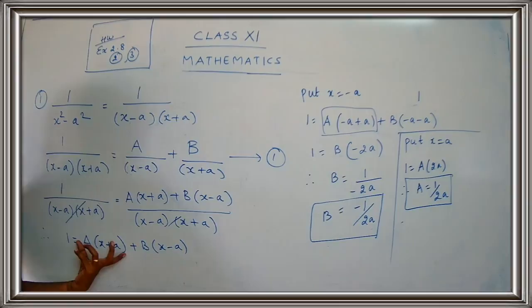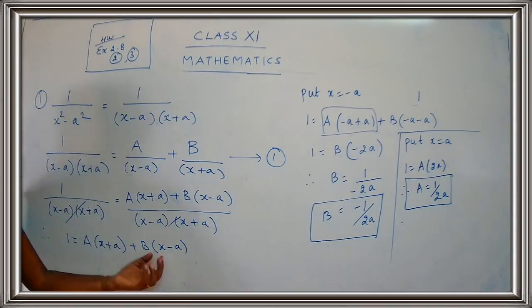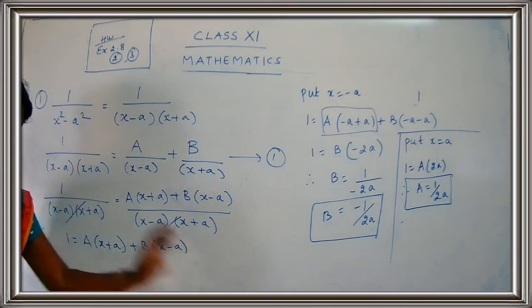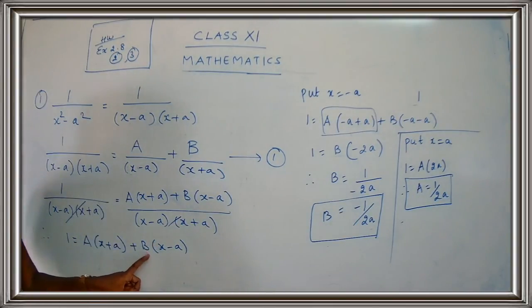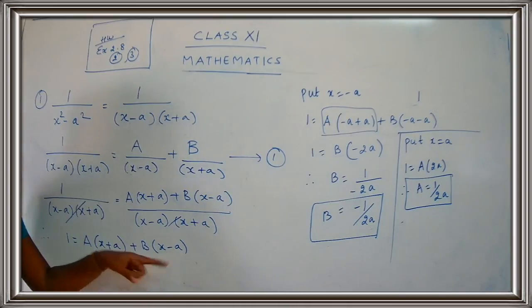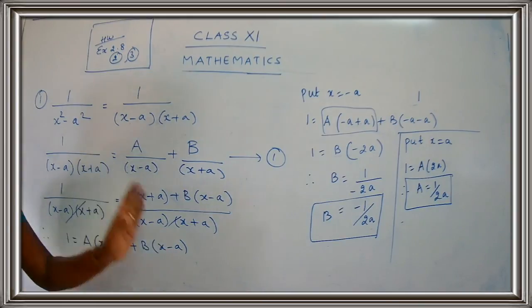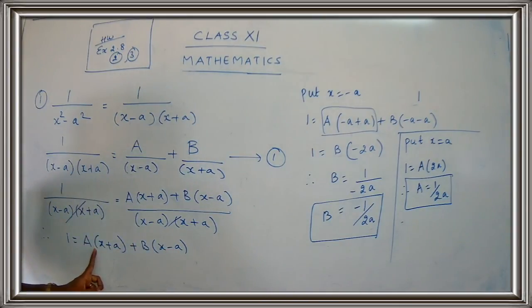You can remove the a term. So if you remove the a, you can get the value for b. And similarly, when you are finding for a, you have to remove b. So how to remove b? Here you have minus a. So you have to put here plus a. So a minus a will give you 0. So the b term will be removed. So you will get the value for a. Are you getting my point, children? So be careful. So we have found the value for a and b.